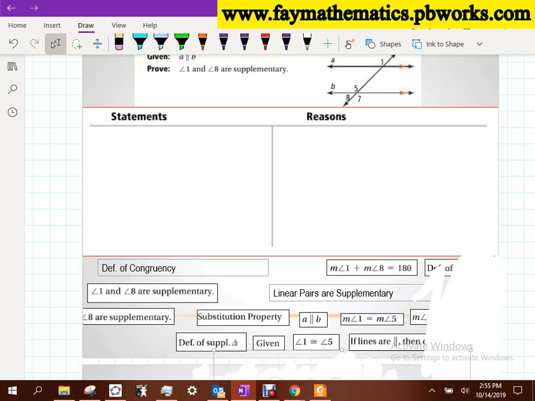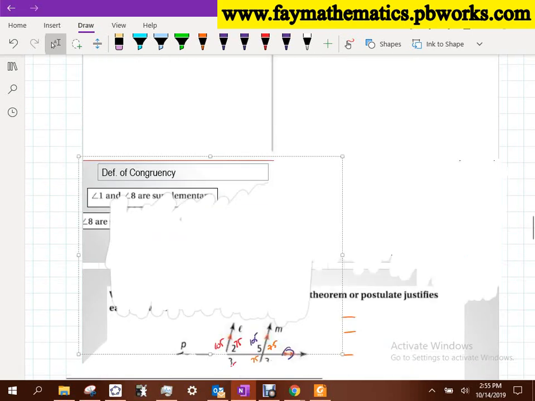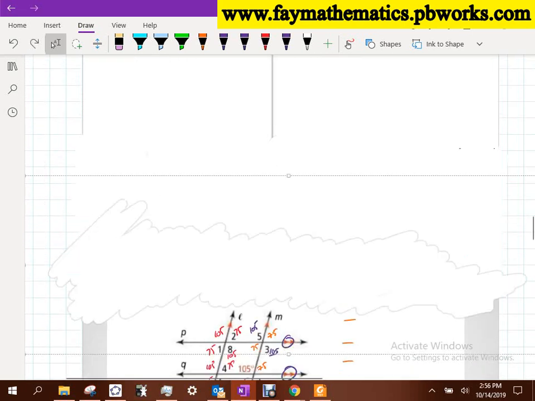My philosophy is that we should do this without any guidance, because when they give you those statements down at the bottom, they're giving you some type of guidance. It narrows your focus on the statements and reasons you've got to use. If we can do this without any of that, using our collective understanding of geometry so far, then on the end-of-course exam it should be a much easier process when they narrow your focus.